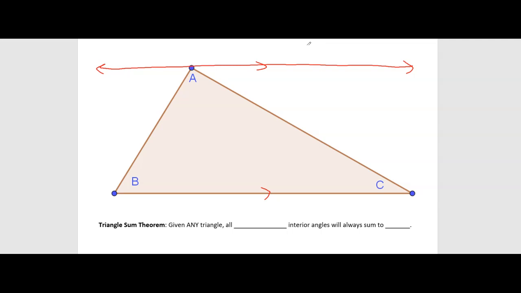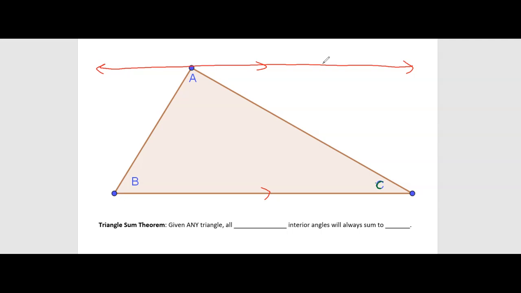Well, we don't have any measurements per se, numbers-wise, but are there any other angles that we could label as B or A or C? Well, let's take a look at C first down here.